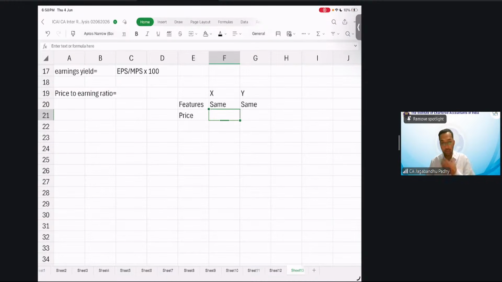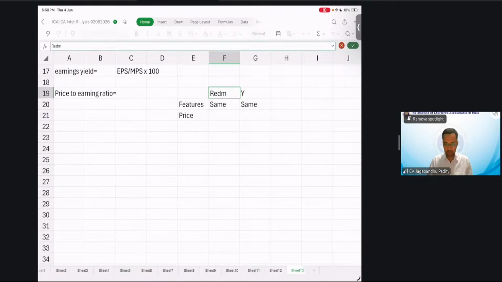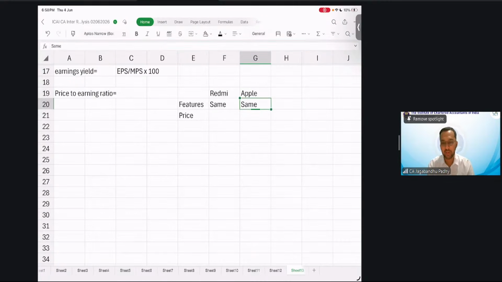Let me just turn the table. Let me say this is Redmi and this is Apple. Same features, same quality of camera, same battery life, same screen, processor, everything is the same. Features are very much the same.